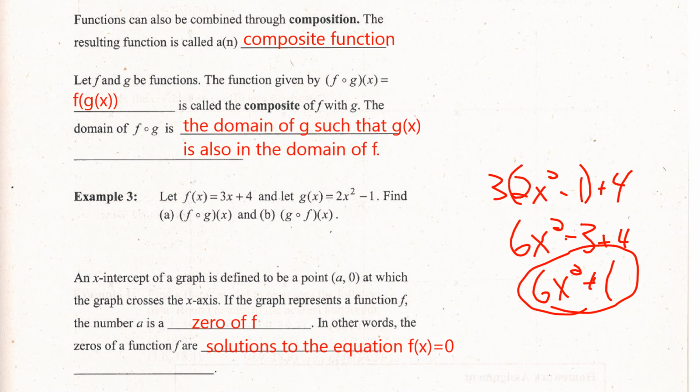The last thing that I want to mention is in the last couple of class periods we talked about x-intercepts, okay? One important thing to note is that eventually we'll stop calling them x-intercepts also. There's a lot of new vocabulary in calculus. If you have a function f, any x-intercepts of f, we call them zeros of f, which really are just solutions to the equation f of x equals 0.